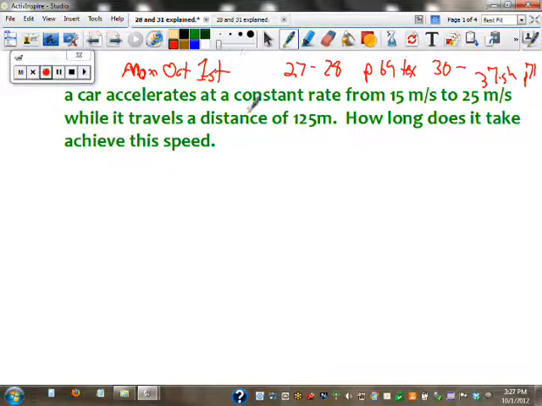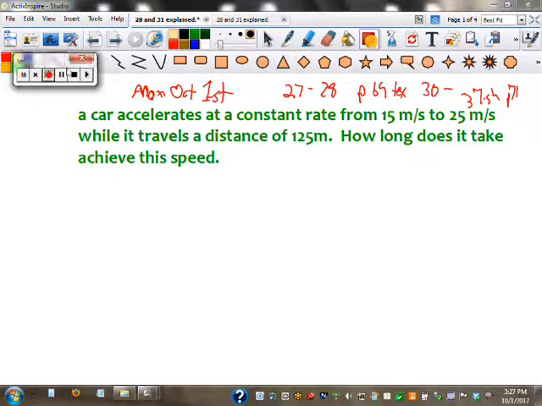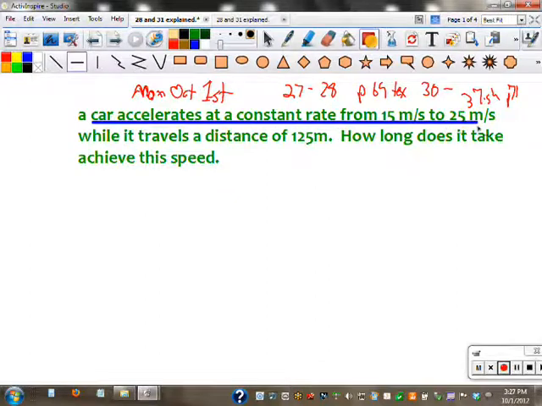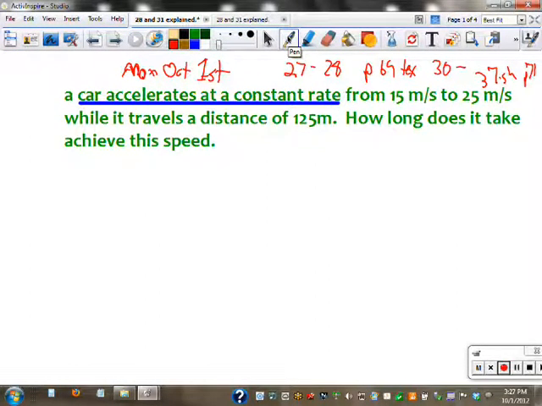Let's figure out what we're trying to find here. We know this car accelerates at a constant rate. Put this down here in the corner. Car accelerates at a constant rate, so acceleration is constant, not velocity. And it goes from this speed to that speed and travels this distance. How long does it take to achieve this speed?